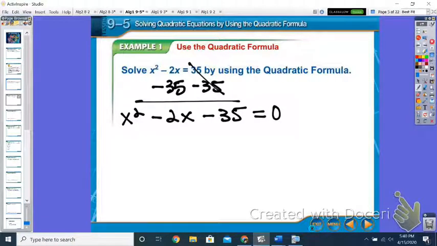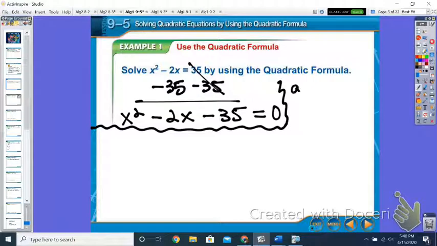Now, I always recommend, before you start substituting anything into your quadratic formula, off to the side, just write A, B, C. We're going to write our A, B, and C numbers there just so we can pay attention, make sure we got them right, and then we'll be able to reference them when we need to.